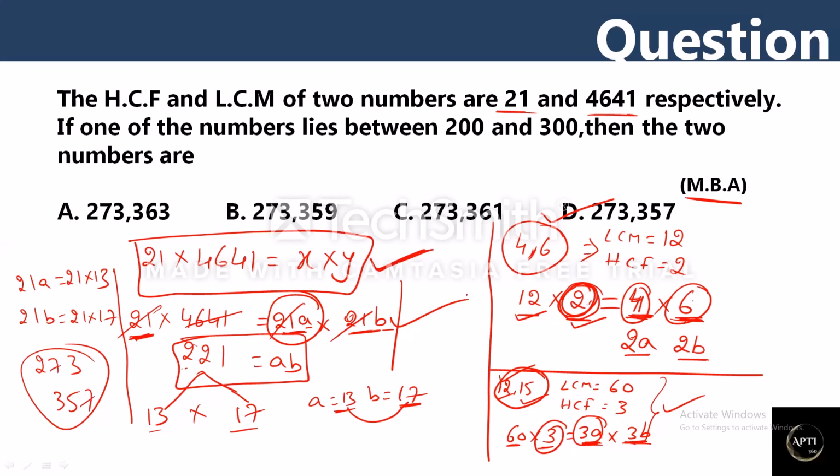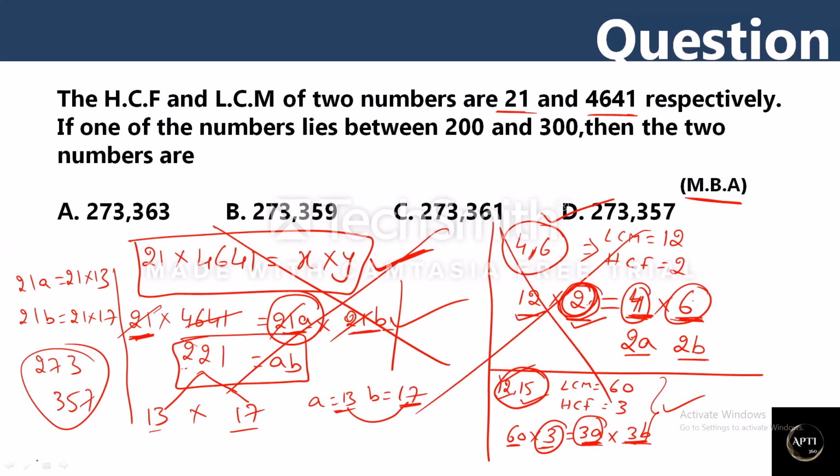Even if you know the shortcut and smart tricks, you need to prepare the normal procedure as well, because in rare cases the shortcuts will not work in the exam, and at least you have the concept to try the question. Actually there is no need to do all these cross checks. So we have 273 and 357.